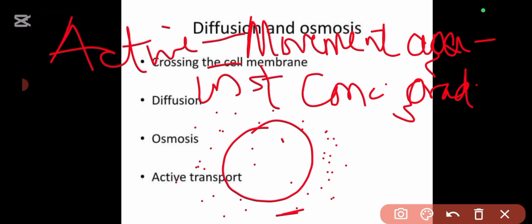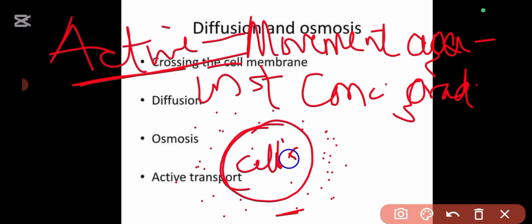Now listen, active transport is when the inside of the cell, this is the cell here, has less dissolved solutes, yet substances are moving from inside the cell to the outside.